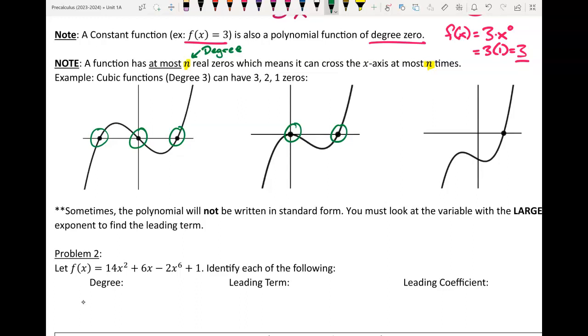But that would give us 2 zeros. And then where we have our bump underneath, it never even crosses at that point, but crosses 1 time elsewhere, and that would be 1 real zero. So we could have 3, 2, or 1 real zeros when we have a cubic. If we have a quadratic, we've seen that before, we can have 2, 1, or 0 real zeros.